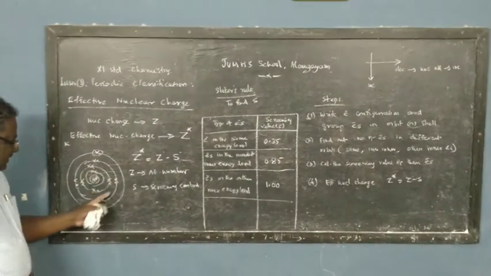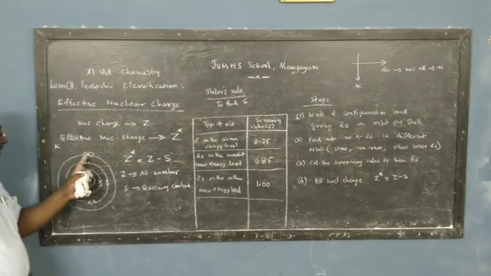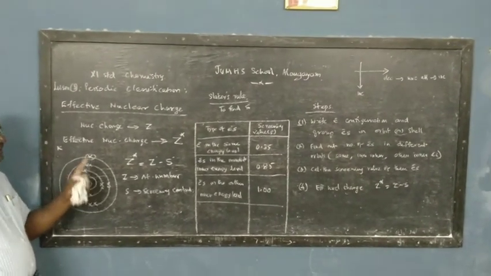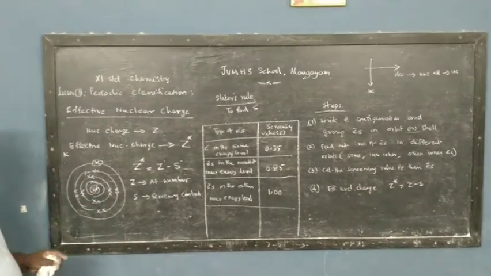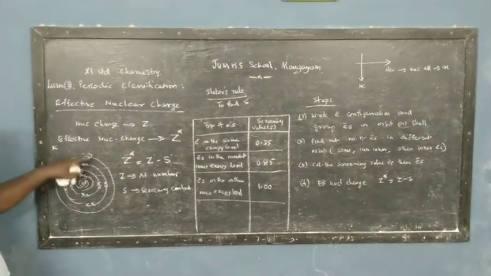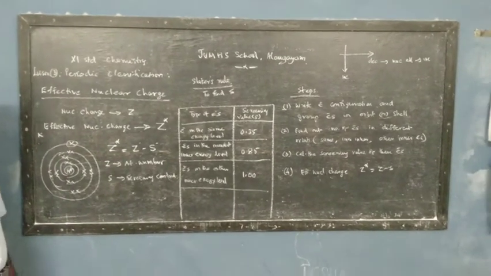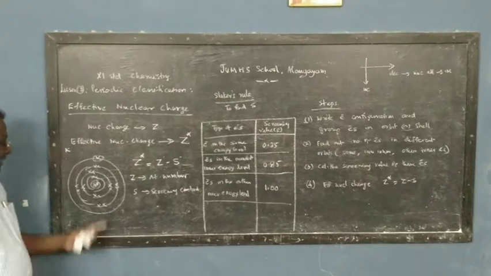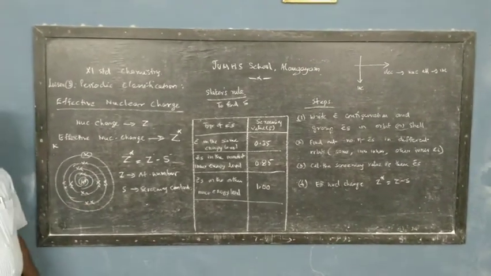These 18 inner electrons will always shield this nucleus and obstruct the attraction of this particular electron. That's called the shielding effect or screening effect, right? So always between the valency electron and the nucleus there will be an obstruction or repulsion by the inner electrons. That is called the shielding effect or screening effect.